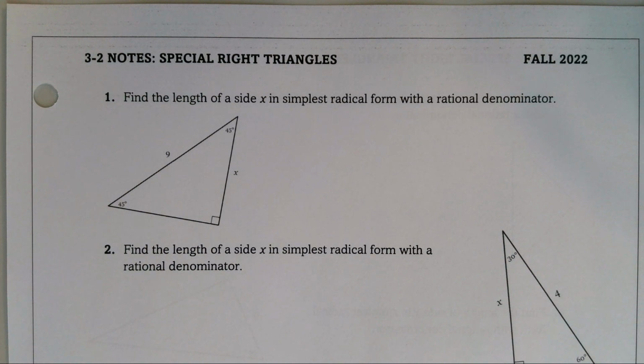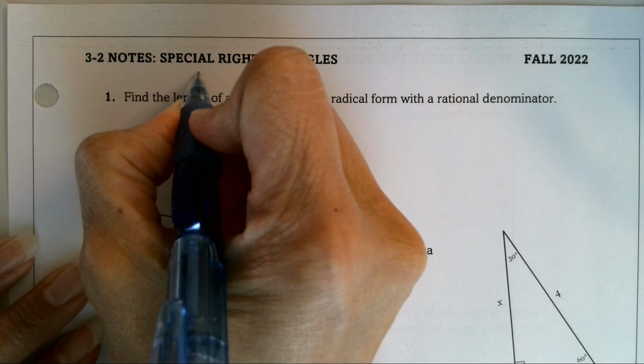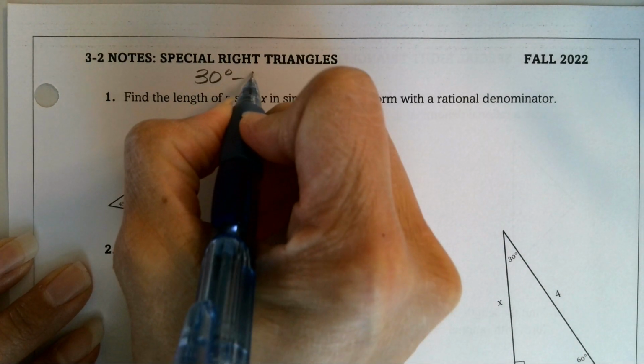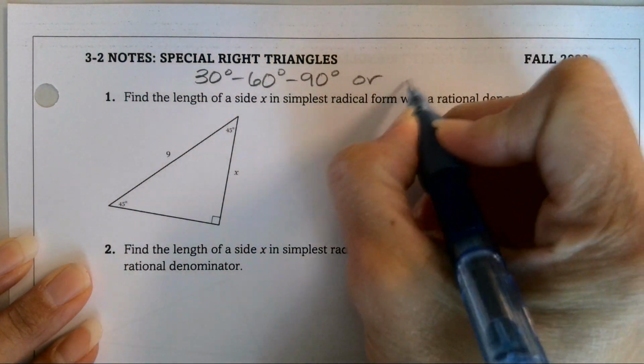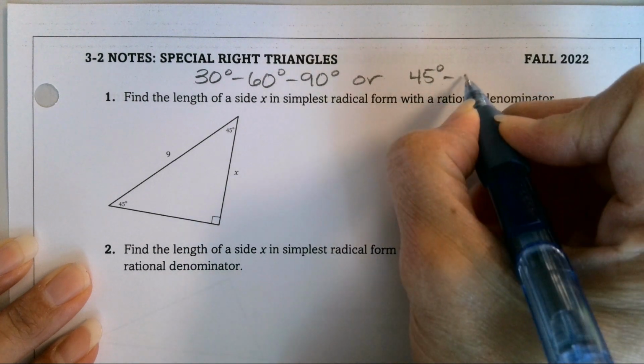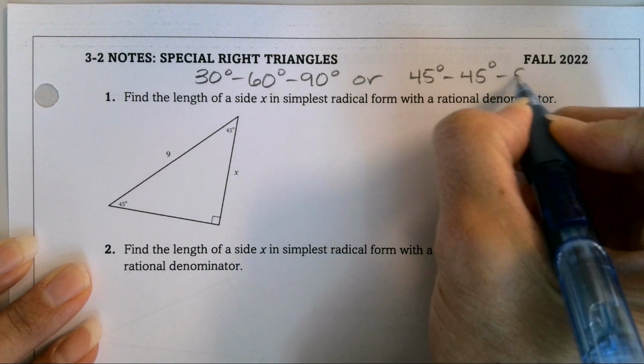Okay, so what we're going to do is see how we approach this when we have special right triangles, and there are two scenarios for special right triangles and only two. So if you recall from geometry, one of the triangles is going to be the 30 degree, 60 degree, 90 degree triangle, or the other one is a 45, 45, 90 degree triangle.